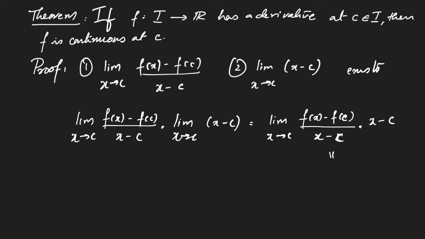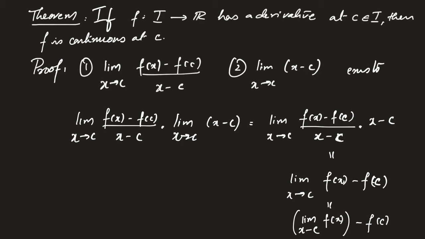And this is equal to the limit as x tends to c of f of x minus f of c. So here it is actually the limit as x tends to c of f of x minus f of c.